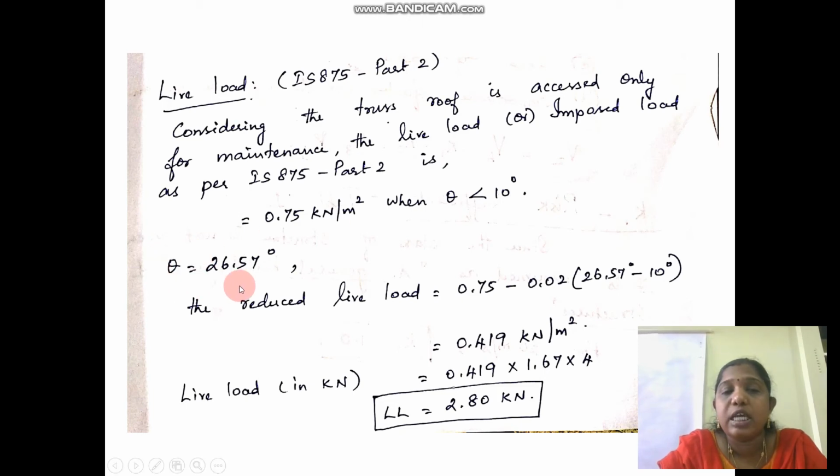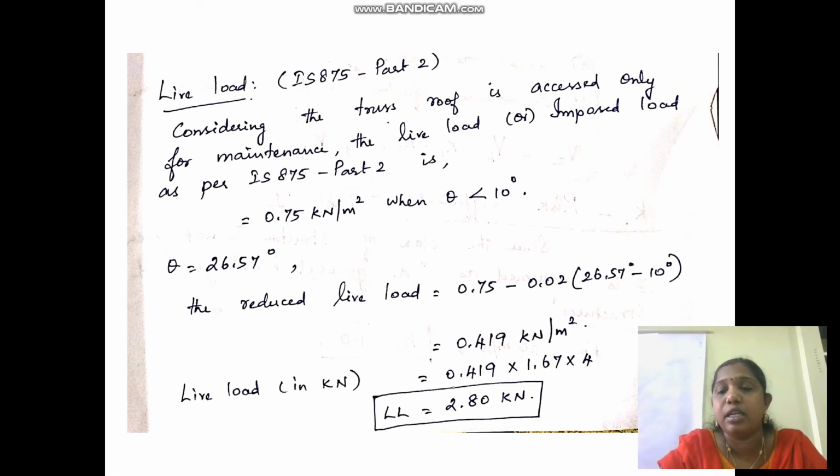So when your theta is 26.57, there is a formula to reduce the live load acting on the roof truss. How am I going to reduce it? For every degree increase above 10 degrees, I have to reduce the live load by 0.02 kilonewton per meter square.